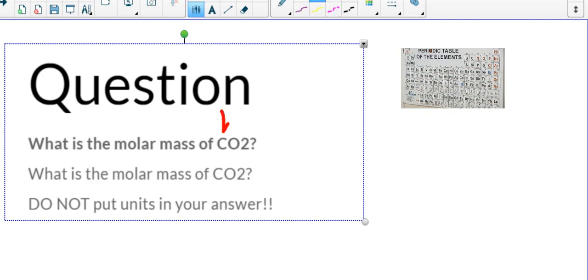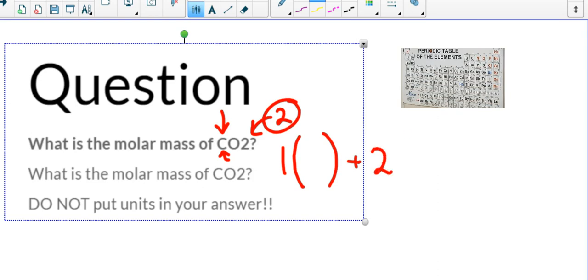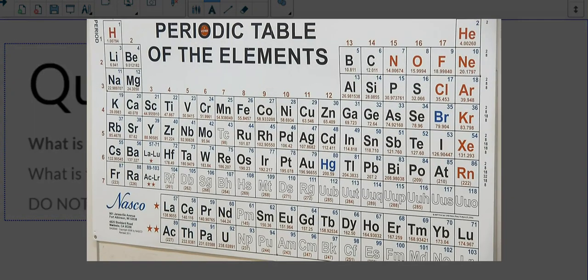Now, CO2 isn't very hard, but it gets a little trickier. You have to first know that there's one carbon and two oxygens. So you find the mass of C, and there's one of those, and you multiply it by that, plus we know there's two oxygens, so we'll put a 2 there. Carbon and oxygen are both towards the top right, and we'll round them.